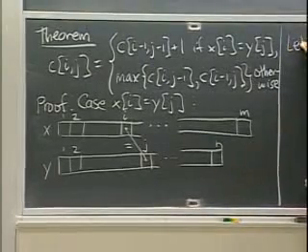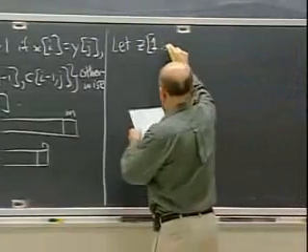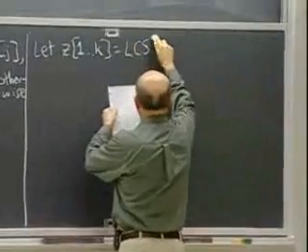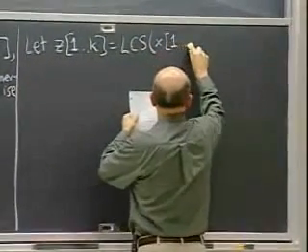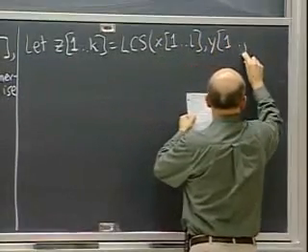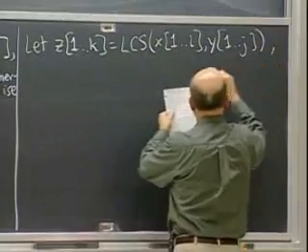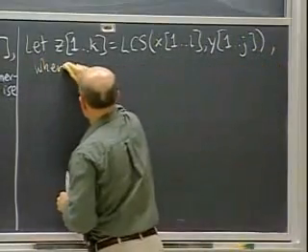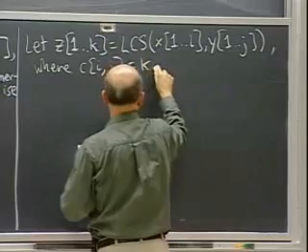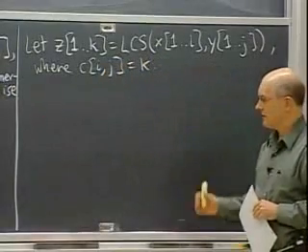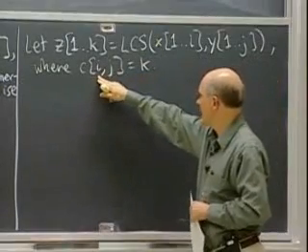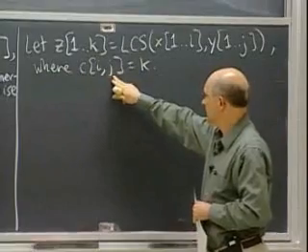Okay, so let z of 1 to k be, in fact, the longest common subsequence of x of 1 to i and y of 1 to j, where c of ij is equal to k. So the longest common subsequence of x of 1 to i and y of 1 to j has some value.